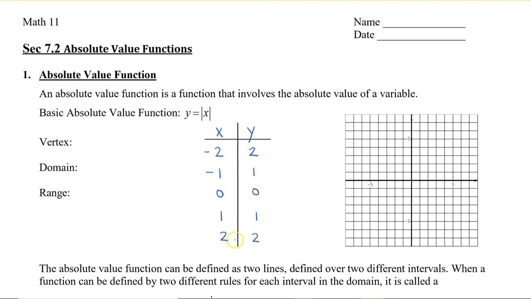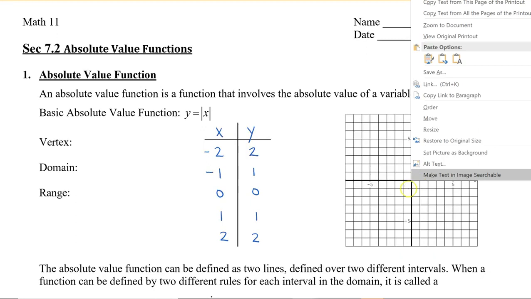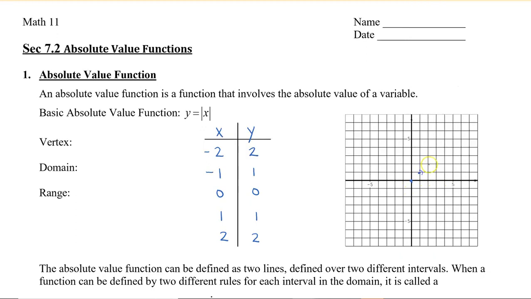So you can see that if I keep going, 3 will be 3, 4 will be 4, absolute value of -3 will be +3, -4 will be +4. So let's plot our points on our grid here. And I'm going to assume that, let's say we kept going with our table.